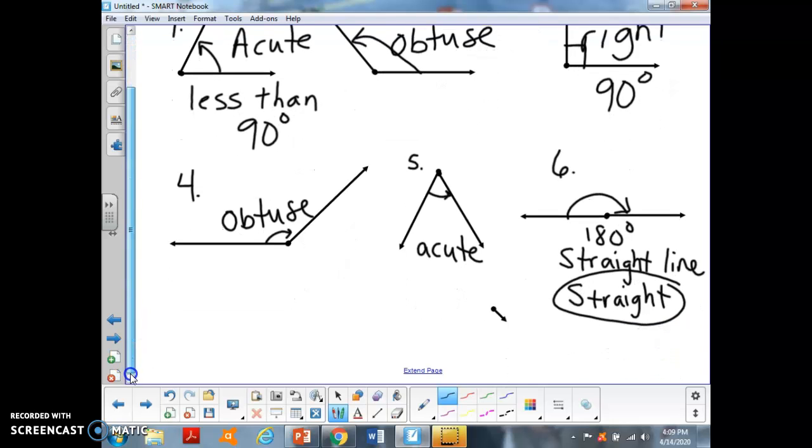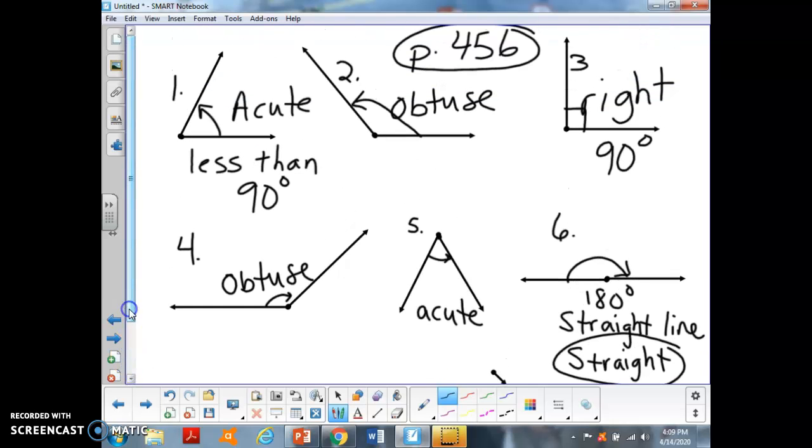Not many of those will be on there. So those are your different kinds of angles. Acute, less than 90. Obtuse, greater than 90 degrees. And right, exactly 90 degrees.